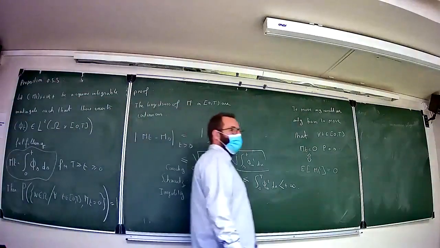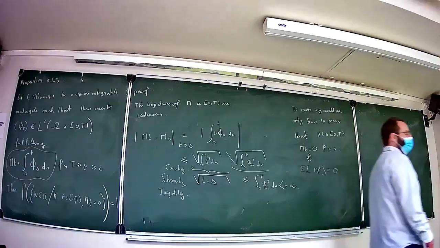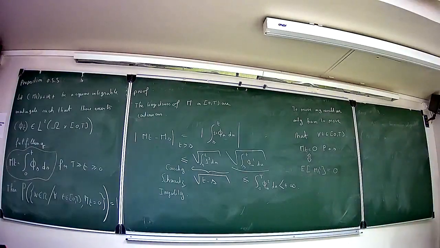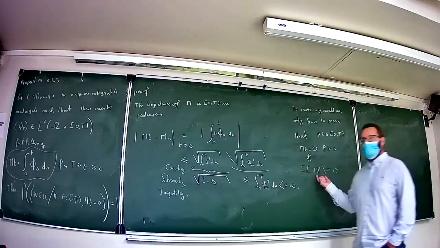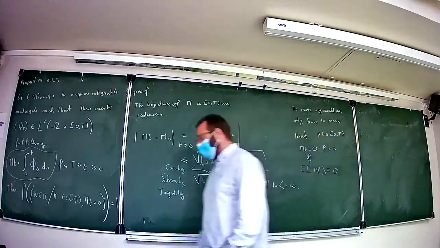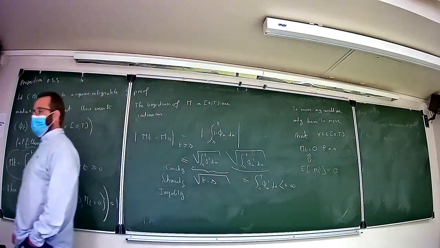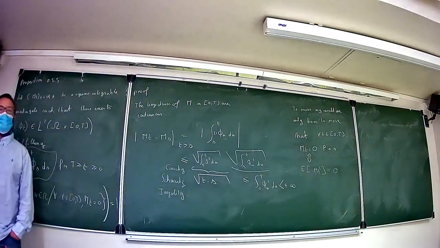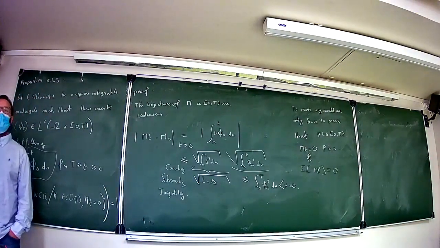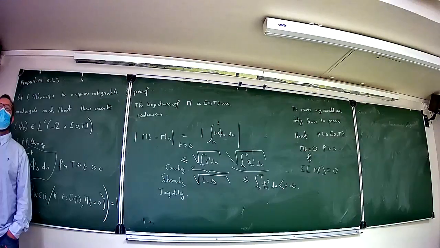Because you know that when you have a random variable that is positive, expectation equal to 0 is equivalent to being equal to 0 P almost surely. And here I have a square, so we have something that is positive. So I have to prove equivalently that the expectation of MT square is equal to 0.